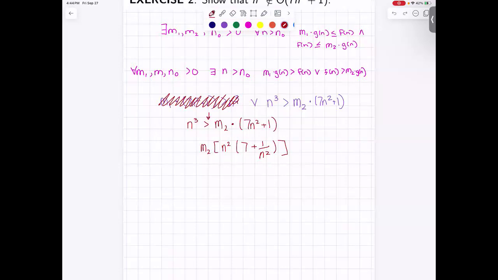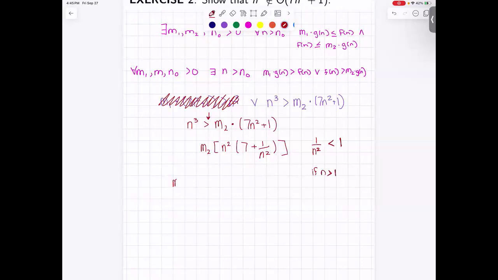So since we're trying to find an intermediary right here, if we can find an n² that we can round up on, like if we can find 1 over n² is less than 1, then we can round up if we can find an n where that works for it. Now, of course, we can see that when n equals 1, we're not able to do that round up. But if n is greater than 1, like 2 or higher, we will be able to do that. So let's just pretend for a second that our n is greater than 1.